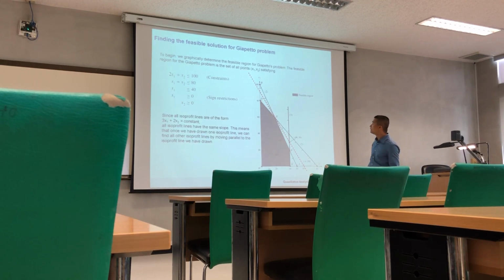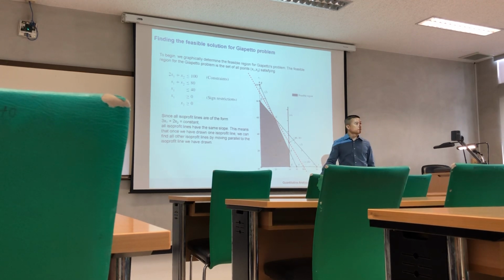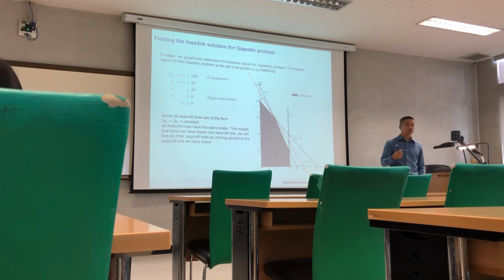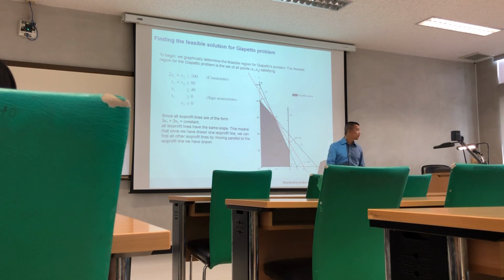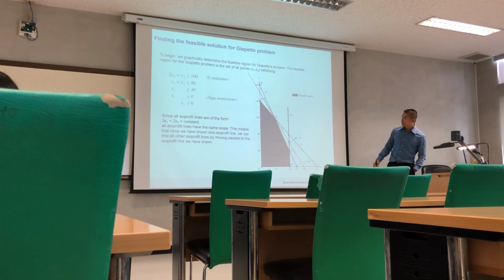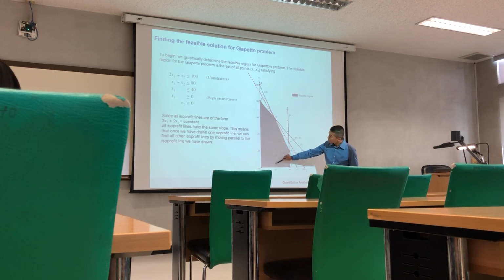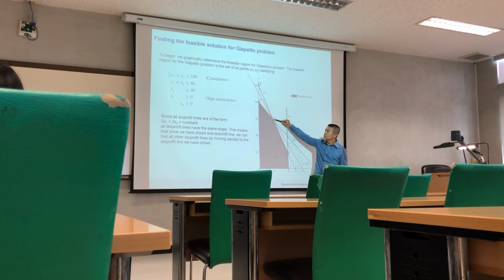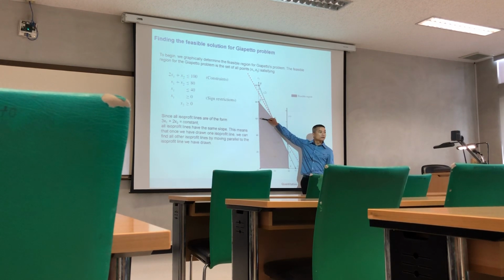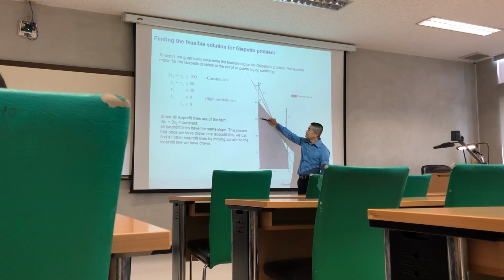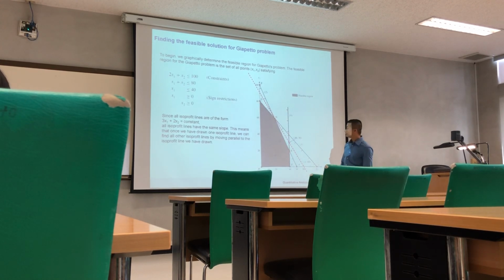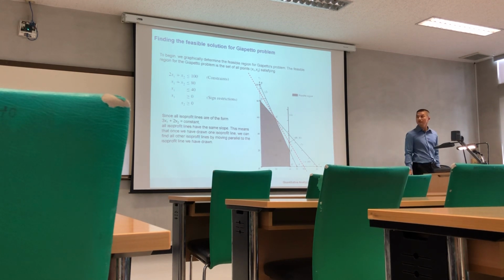So our optimum decision variables values are x1 equal to 20, x2 equal to 60, which gives you the profit of how much? 180, right?